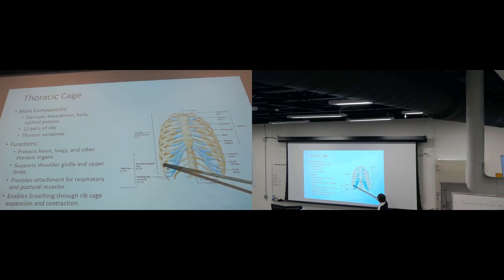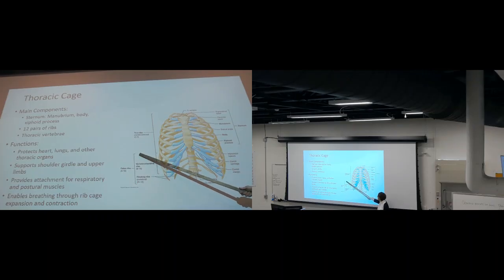The first 7 connect to the sternum, which is this bone, using their own cartilage, which is hyaline cartilage. Because they use their own cartilage to connect to the sternum, these will be called true ribs, or vertebrosternal, because they connect to the sternum.